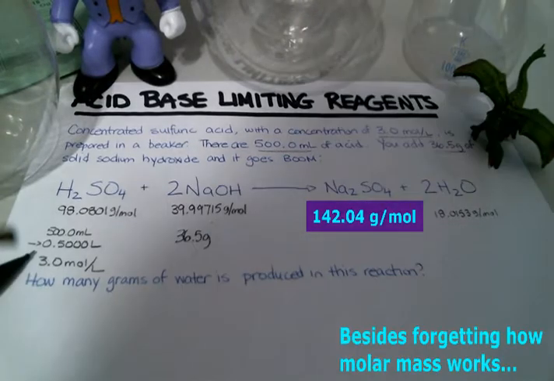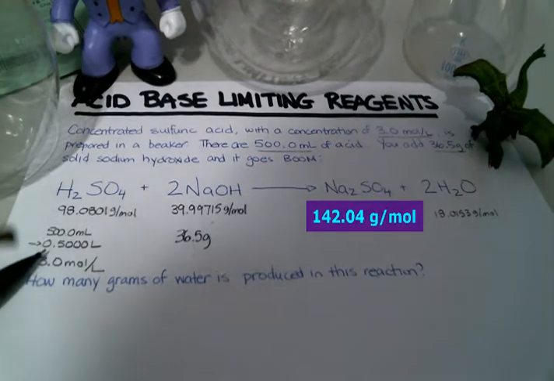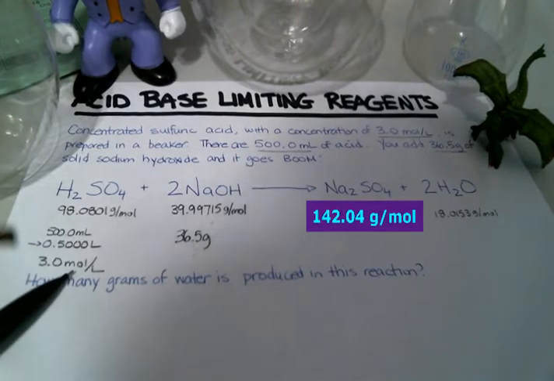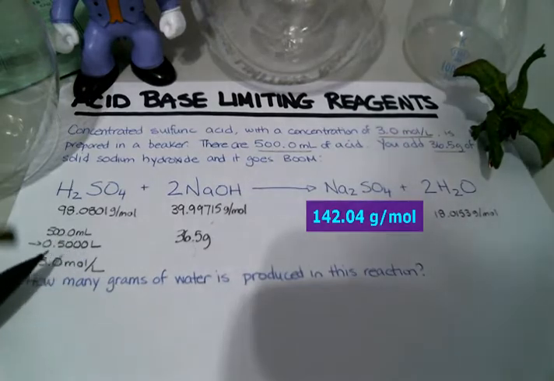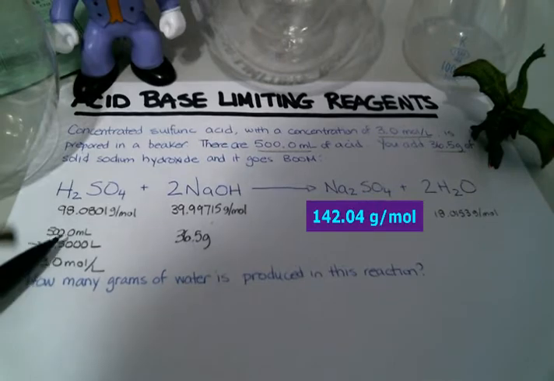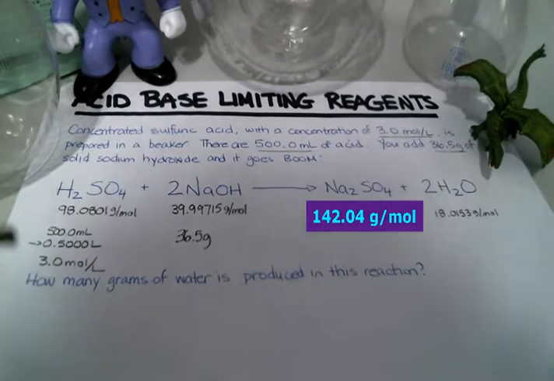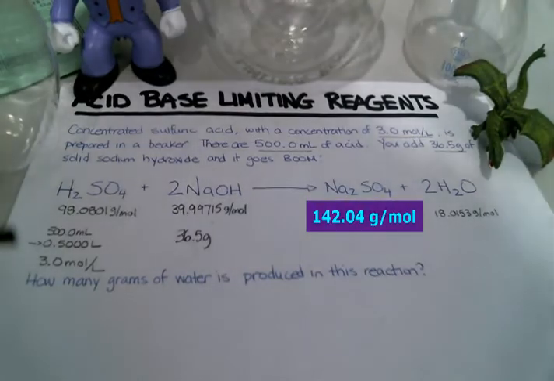First, I've written the 500 milliliters as liters. The reason I've done that is because concentration is moles per liter, not moles per milliliter. So it's a pretty easy switch. 500 milliliters is half a liter with 3 zeros. So I can just change that into 0.5 thousand liters, which is the same as half a liter.